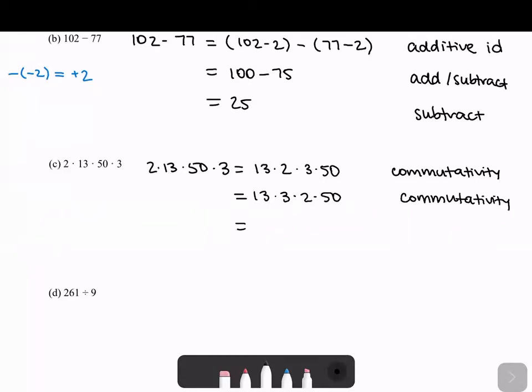Now in part C, I can use the associativity property, where the associativity property says it doesn't matter in which order you multiply things. When we do this first multiplication, we get 39.